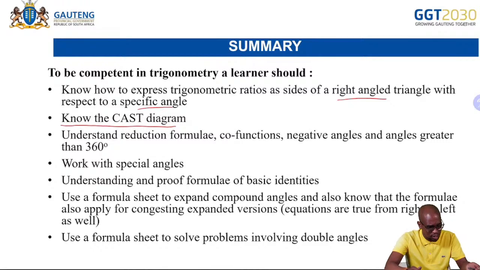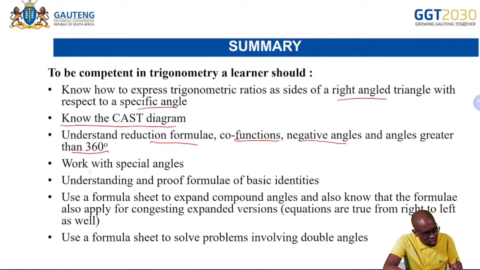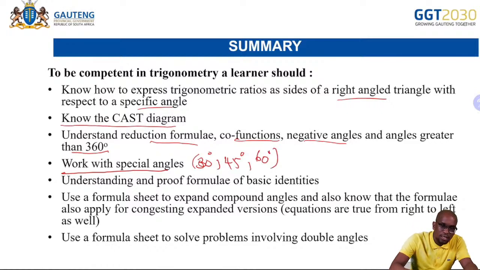All of them depend on the CAST diagram. Now you should know reduction formulae, cofunctions, negative angles, and multiple rotations. Also know how to work with those special angles 30, 45, and 60. Very, very important. Understand and know how to prove basic identities.